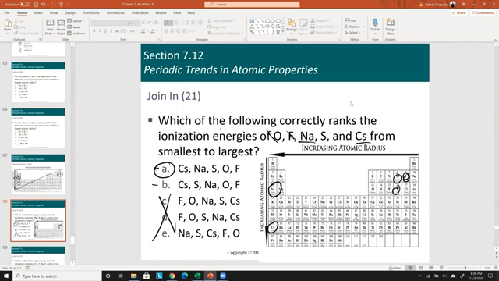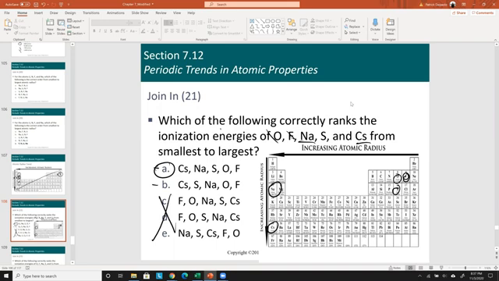It's important to compare those because they're both in the same group. Instead of just memorizing the trends, I definitely suggest thinking about why it's true in chemical terms. That'll help you more, because there are three trends to know, and you might get confused. For ionization, atoms that are smaller and have their electrons closer to the nucleus are going to have a larger nuclear force, a larger pull from the protons.